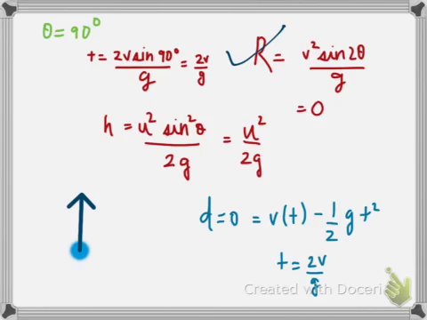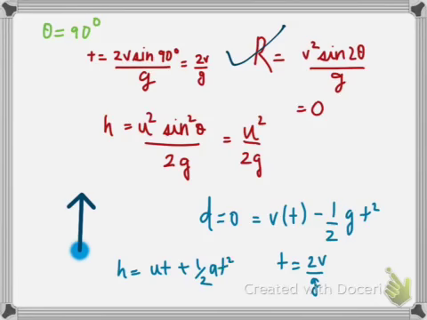And then we have the height taken. The height will be at half the time, because it is a symmetrical situation, therefore only half of the time will be taken to reach the upward point. Therefore the height will be ut plus half at square.